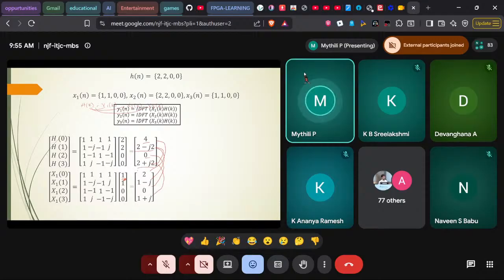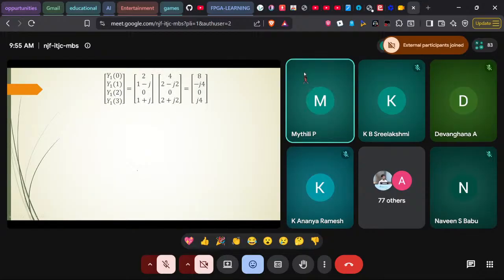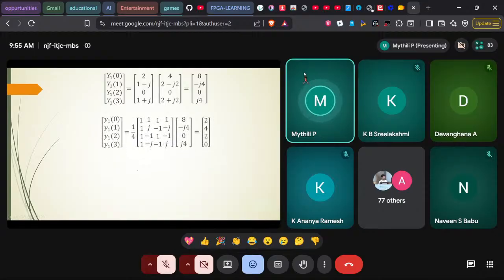Sample by sample multiplication. So the values are 8, 2 minus j, 0, and 2 plus j. Now you can find y1 of n by taking the IDFT.